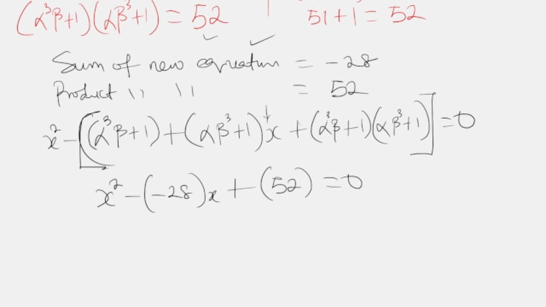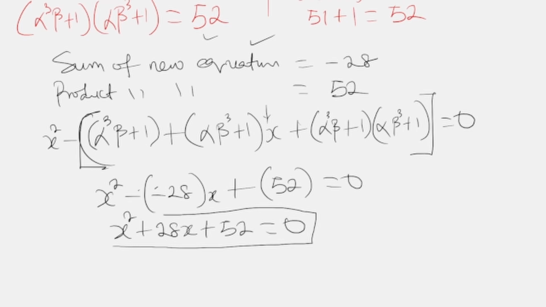Let's now simplify. Here we have x squared. Negative times negative will give you a plus. This now becomes 28 times x, which gives 28x, plus 52 is equal to 0. This is the new quadratic equation that we are looking for.